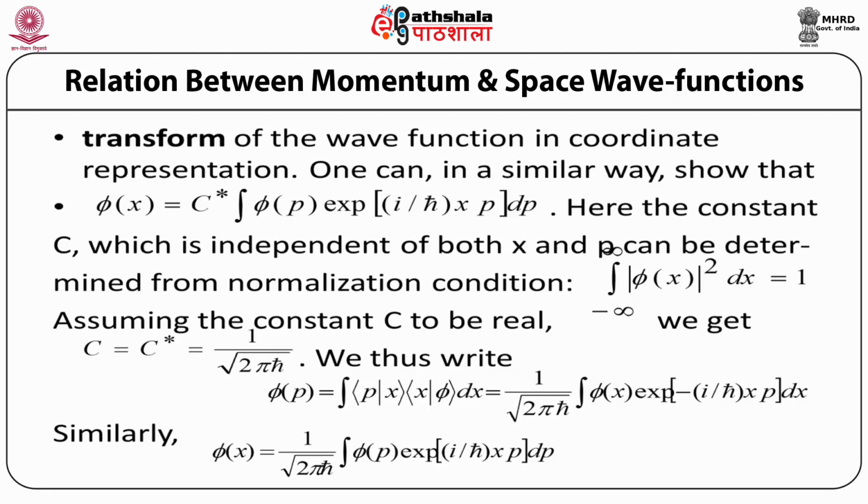Here, the constant c is independent of both x and p and can be determined using the normalization condition.